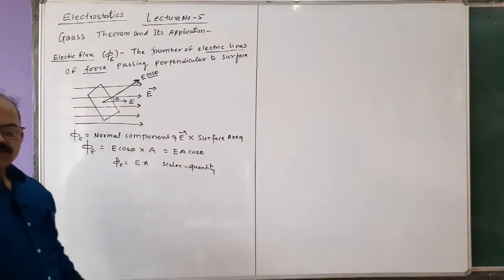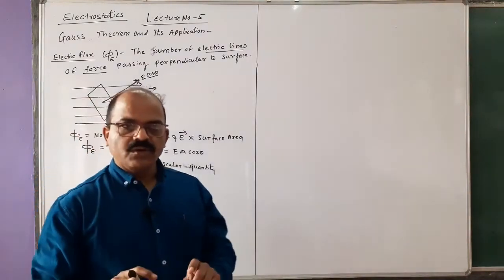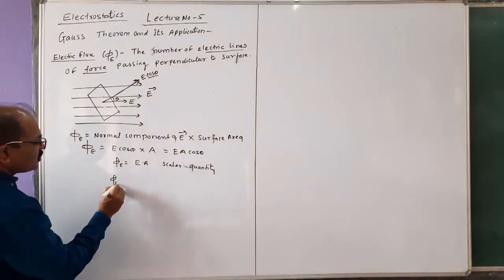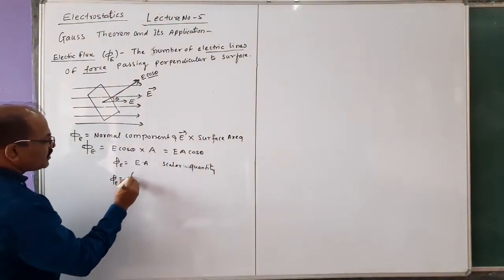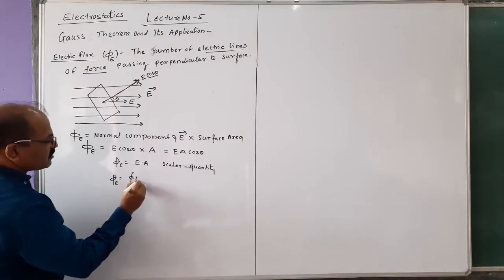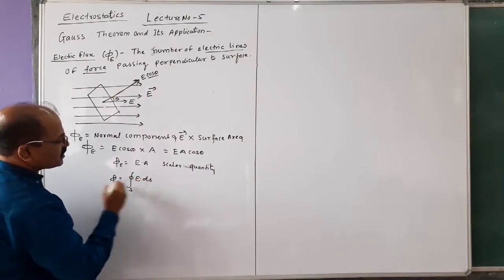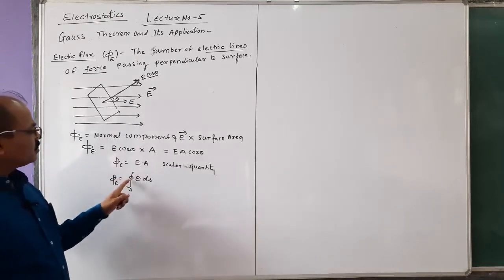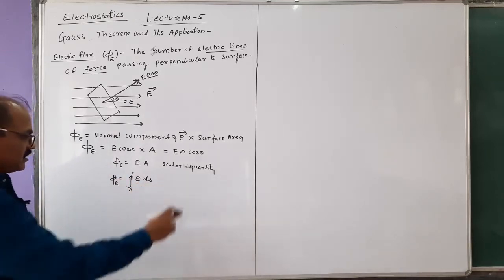So the total flux over any surface, either closed or open, is denoted by the flux over the closed surface or open surface. For a closed surface, phi is equal to the integration over the closed surface of E dot ds. It is a scalar quantity.